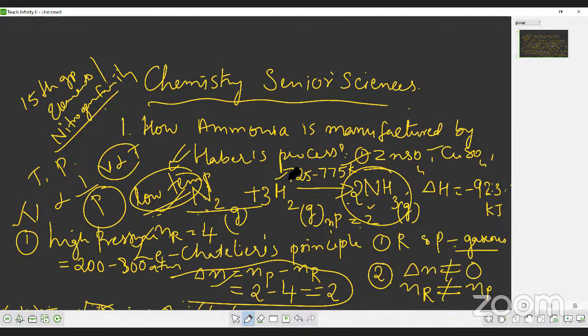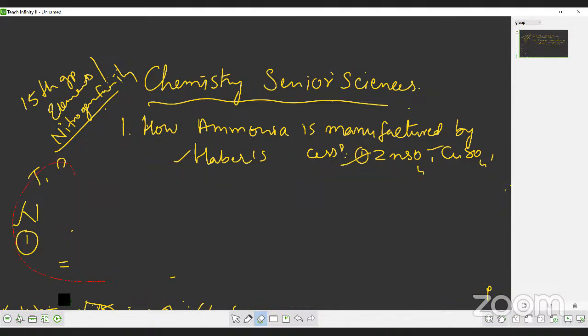Only these 2 points you have to take from this. So this is the preparation of ammonia. So you have to write the equation: N2 gas plus 3H2 gives 2NH3.